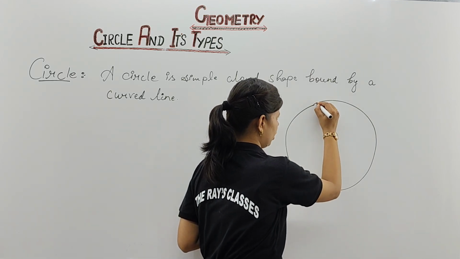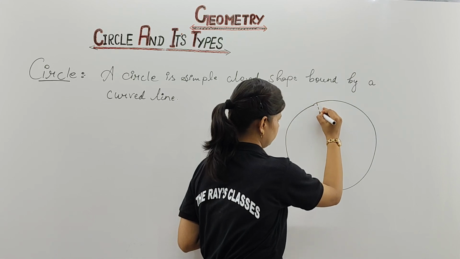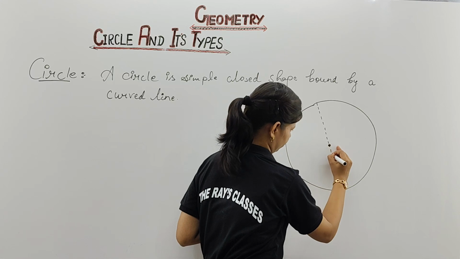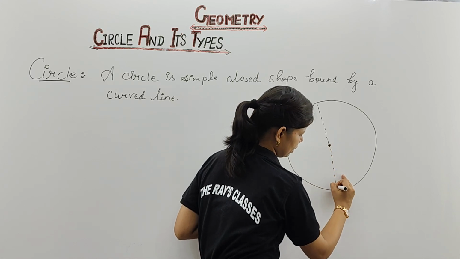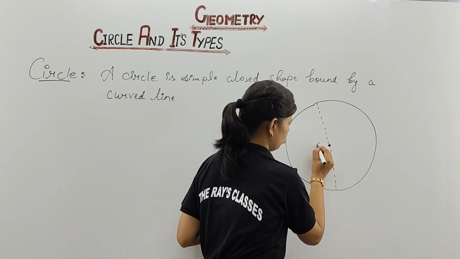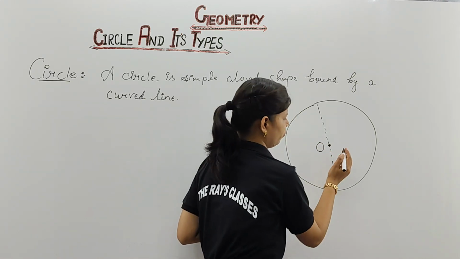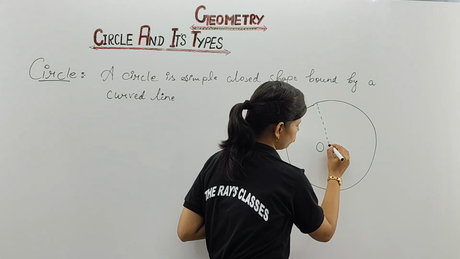Now I am going to draw another line from here, and then we are going to give names one after another. Here I have considered the center of the circle as point O. And I draw one line from here to there.